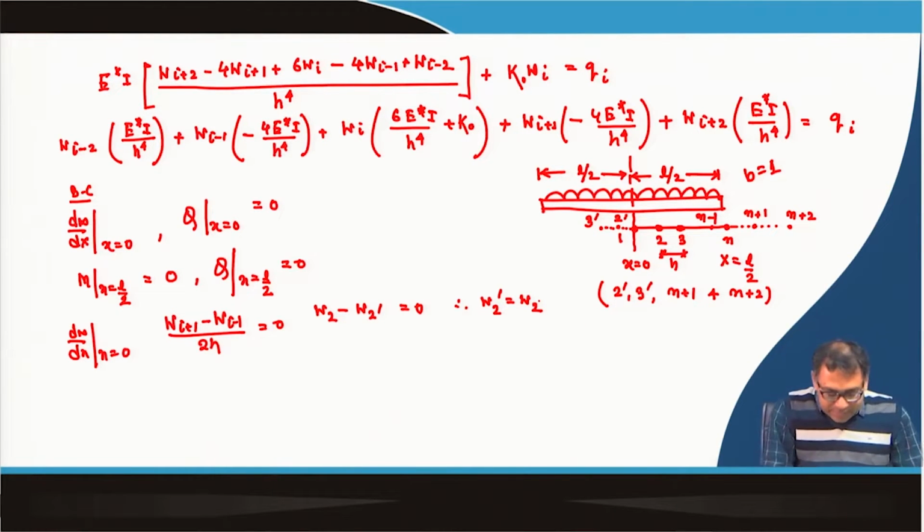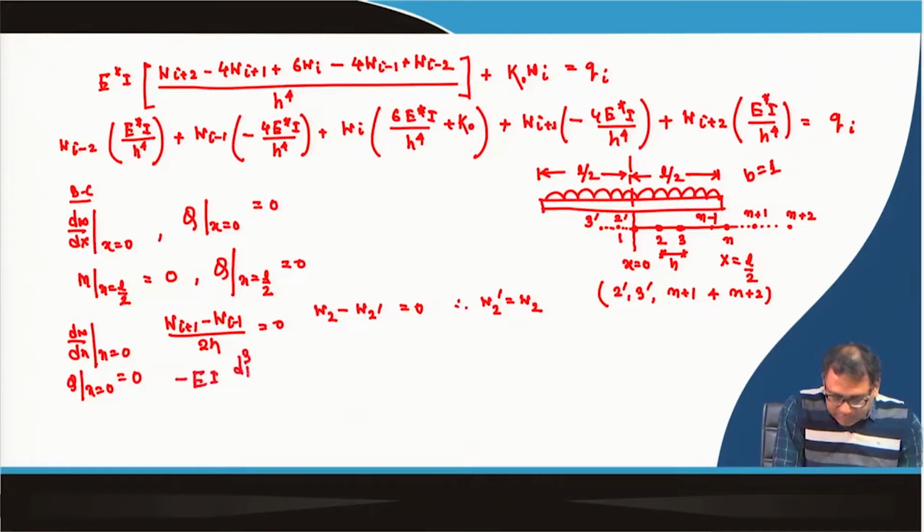Now, if I apply the second boundary condition, that is the shear force at x equal to 0, which is 0. So, EI d3w/dx3 at x equal to 0 is equal to 0.